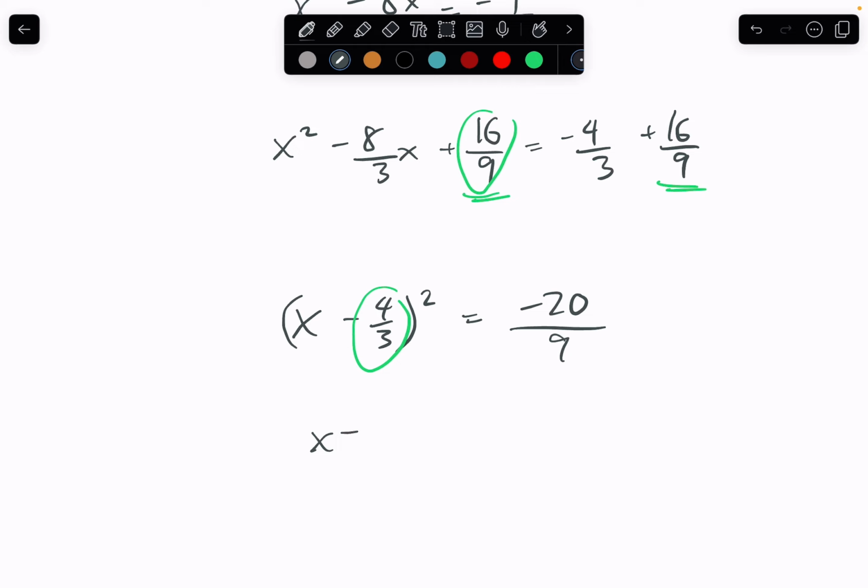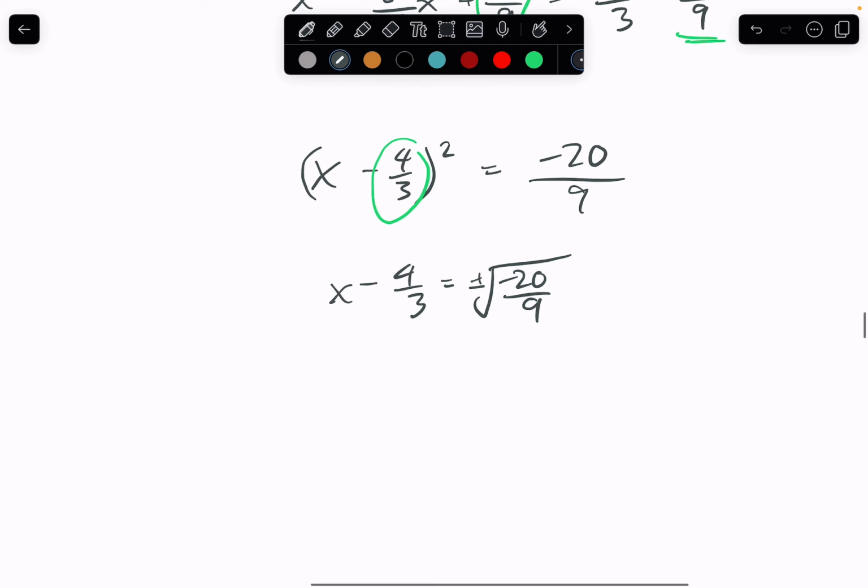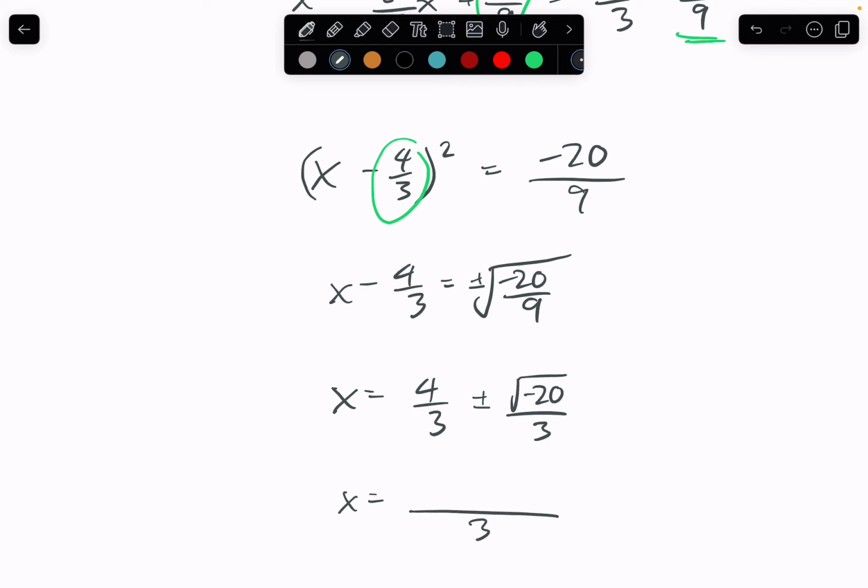Square root both sides. Plus minus. I think this is it.